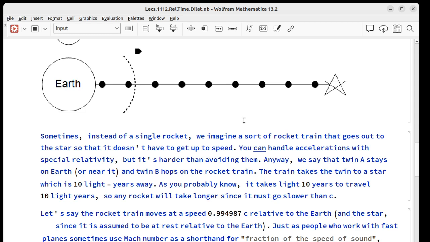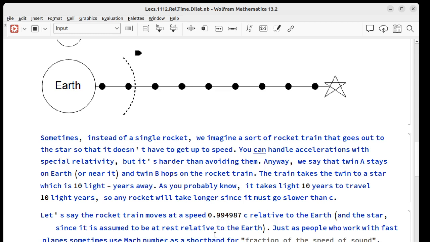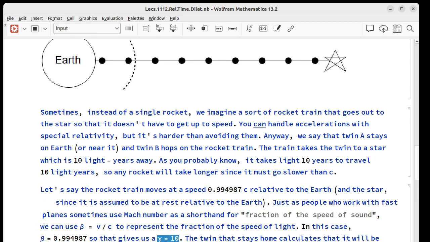So the twin that stays home would say the clock on the rocket is moving at 1/10 its proper speed. It's gaining 2.4 hours a day instead of 24 hours a day. So the twin that stays home says, okay, according to me, it's going to take 10 divided by beta years for the rocket to reach the star.